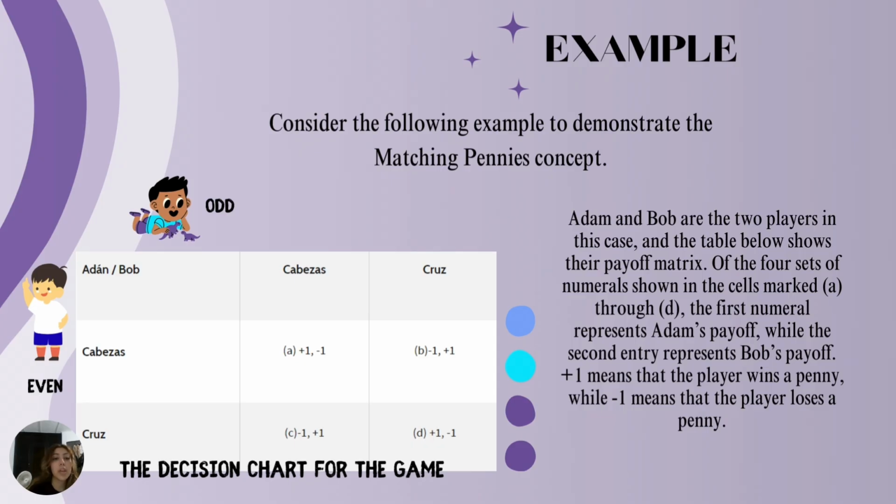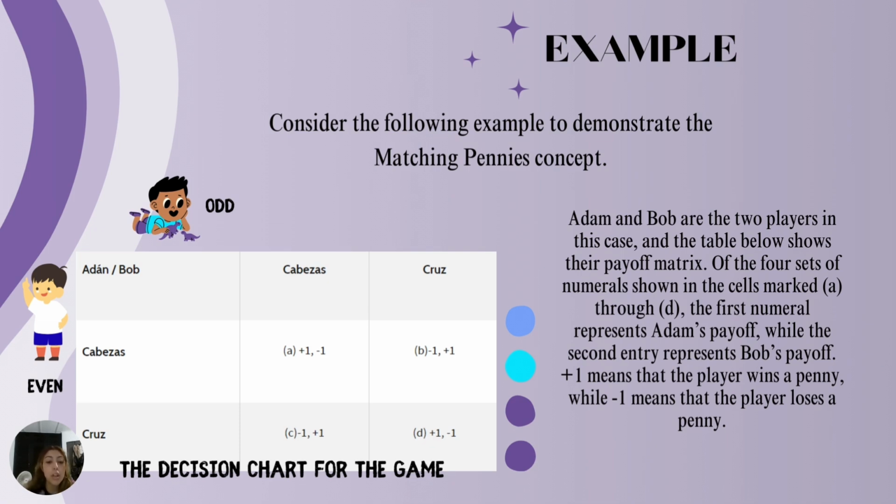Now I'm going to explain the decision chart of the game with an example. We have to consider the following example to demonstrate the matching pennies concept. Adam and Bob are the two players in this case, and this table below shows their payoff matrix. Of the four sets of numerals shown in the cells marked A through D, the first numeral represents Adam's payoff, while the second entry represents Bob's payoff.